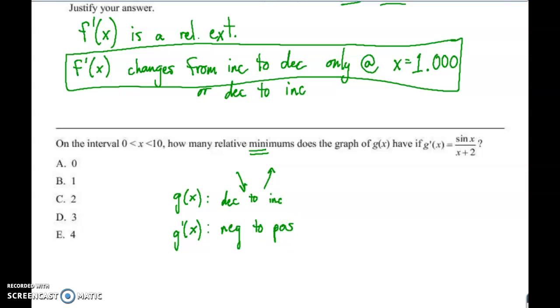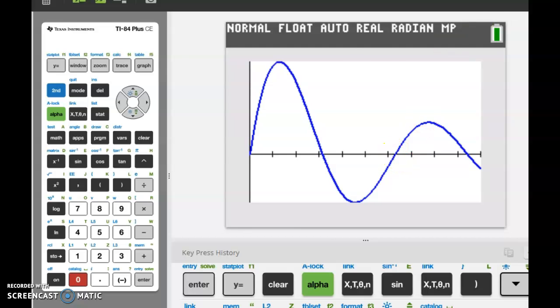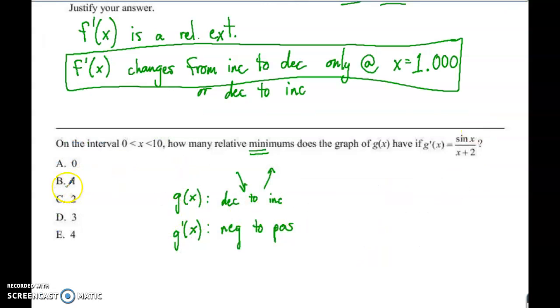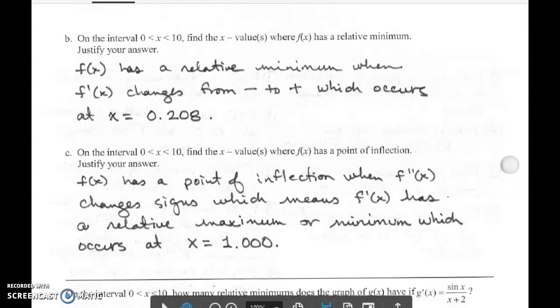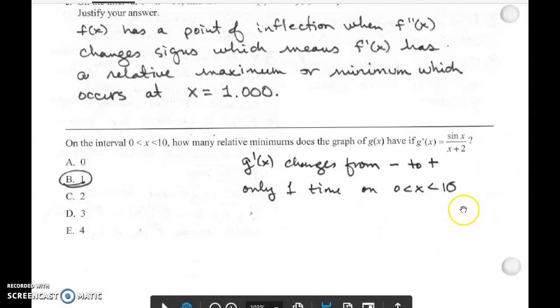So as you look at the graphing calculator, it's positive, positive, positive, positive, to negative, so we don't care about that. And then negative to positive, so we do care about that one, and positive, we do not care about that one. So I counted 1 relative min, and just to confirm, the answer key says the same thing and gave a quick explanation.